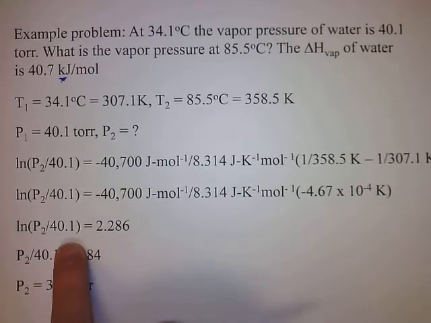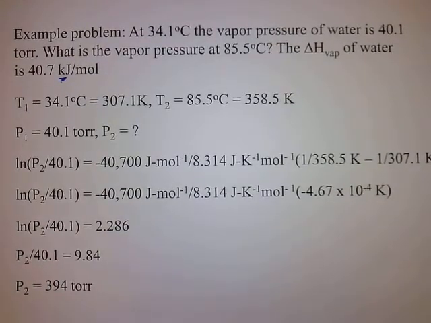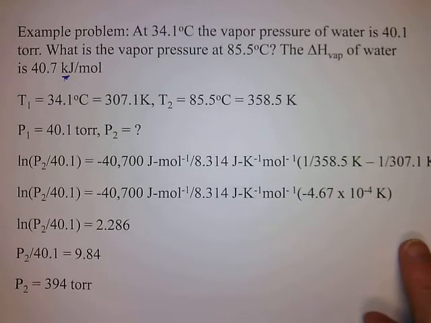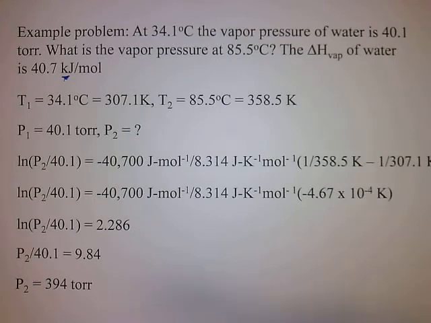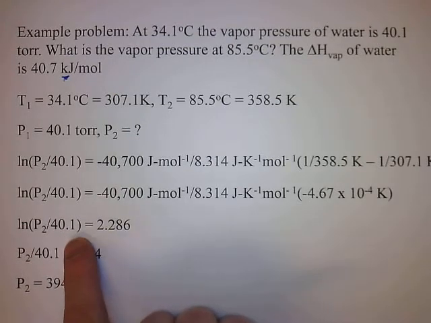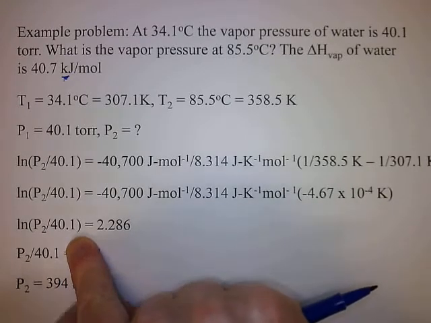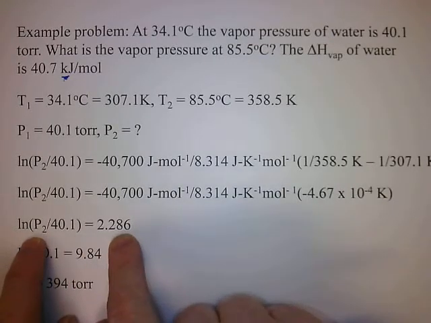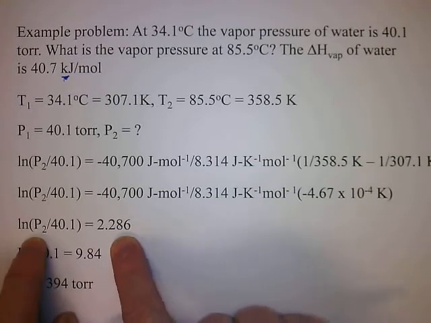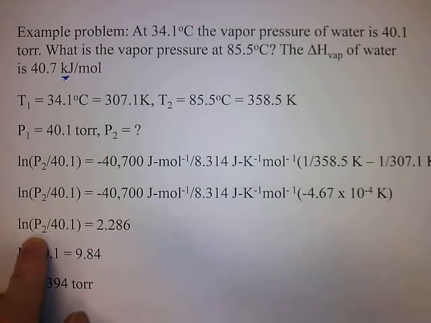Now remember that with algebra, you can do anything to an equation as long as you do the same thing to both sides. We can add to both sides, subtract from both sides, multiply or divide both sides by a number, or take the log or natural log of both sides.